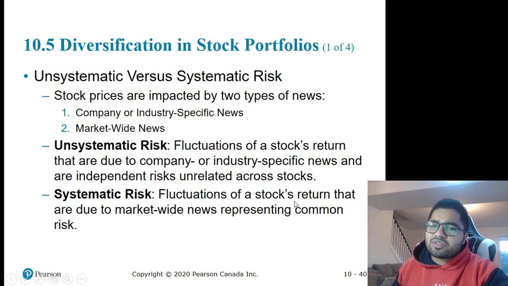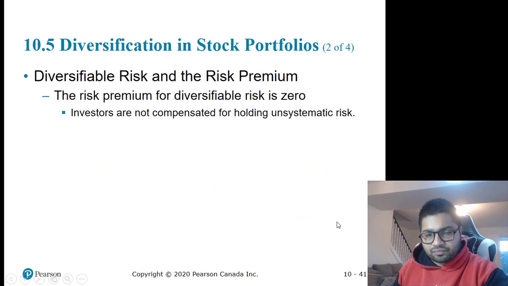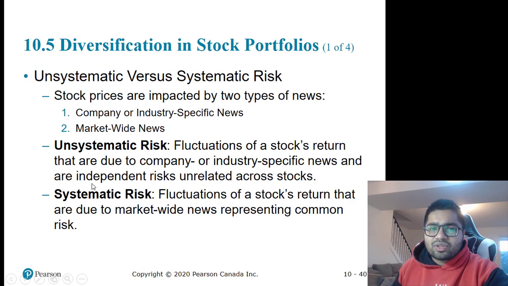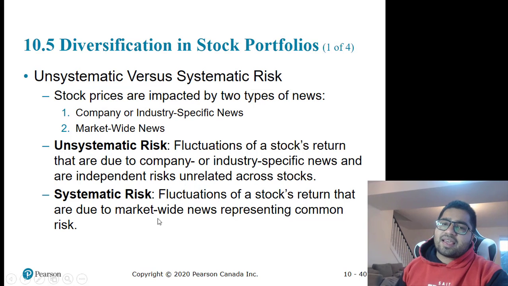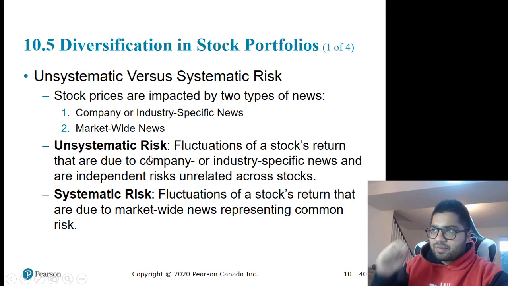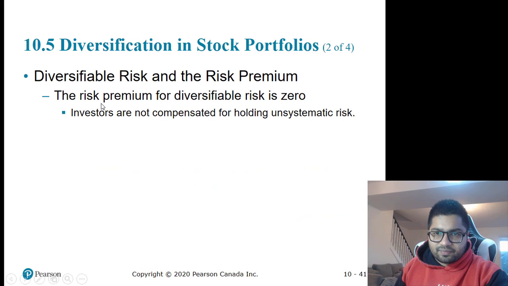Systematic risk, fluctuations of stock returns that are due to market wide news, representing common risk. So which risk can be diversified? So systematic risk cannot be diversified because that risk impacts everything. Unsystematic risk, stock specific risk, can be diversified.